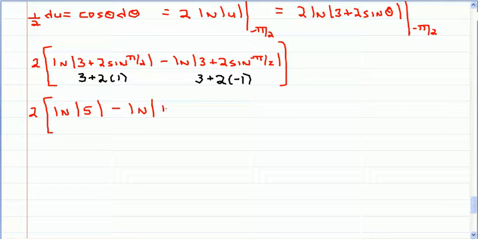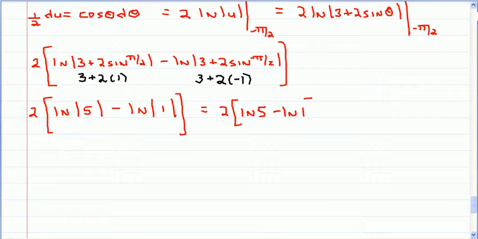So this just simplifies to 1. So I have 2 times the ln of 5 minus the ln of 1. The ln of 1 is just 0, so it's 2 times the natural log of 5.